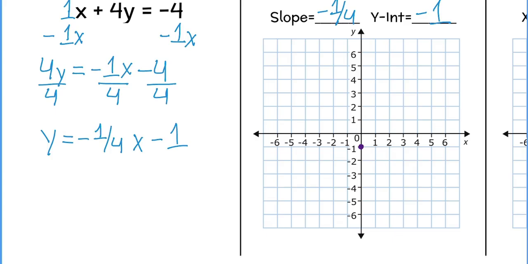Because my slope is negative, am I going to rise or am I going to fall? Fall. So I'm going to go down 1 and to the right 1, 2, 3, 4. Put a little dot. To fill in my graph, I'm also going to count up 1 and to the left 4. 2, 3, 4, and put a little dot.